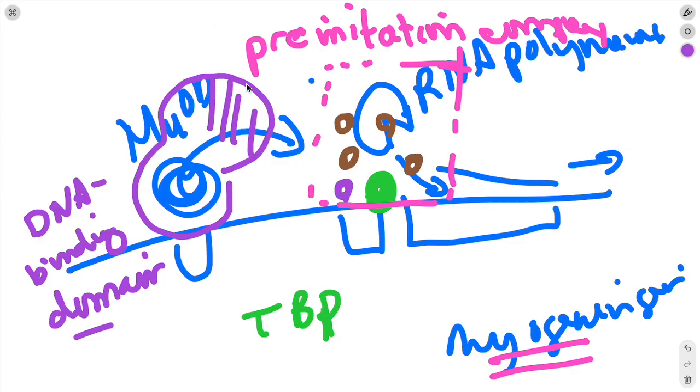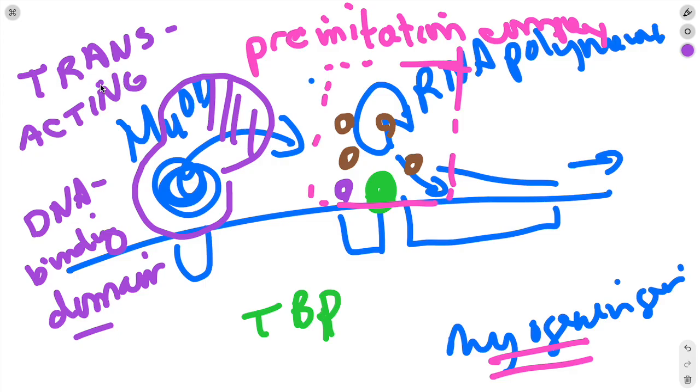And that domain is actually called the transacting domain. You can think about it as, oh, it's involved in transcription, so trans probably means transcription, and that's a good answer, right? Transacting, transcription activating domain, because that's what it's doing.